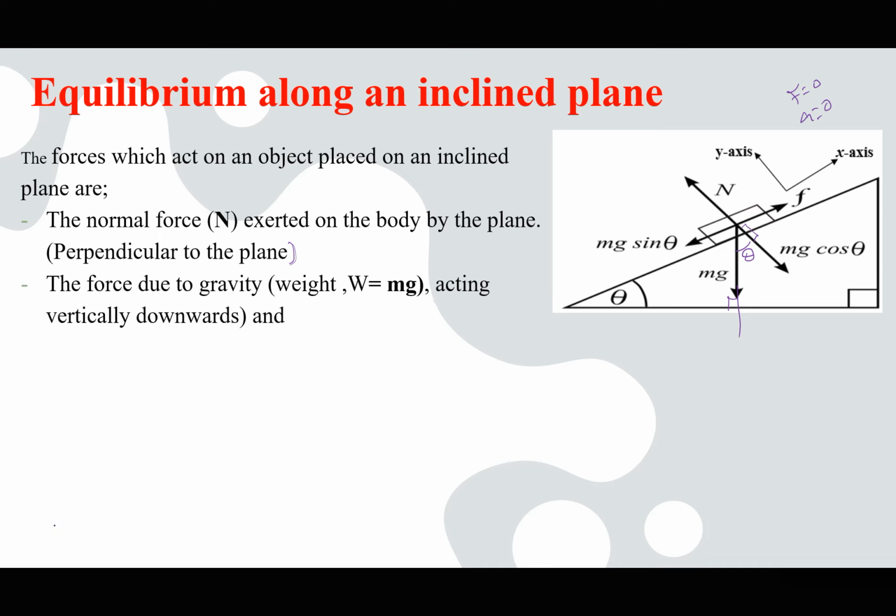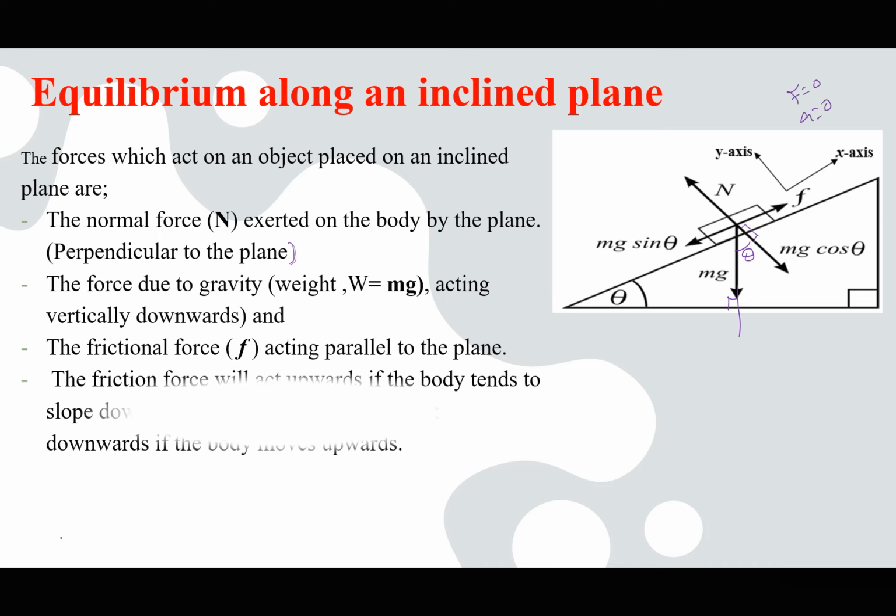Then we also have to consider friction in case the surface is not smooth. The frictional force F acts parallel to the plane. The tendency of motion is most likely to be downwards, so the frictional force must be up the plane to balance the component of the weight down the plane, which would otherwise make the object move down the plane. So the frictional force will act upwards if the body tends to slip down the plane.